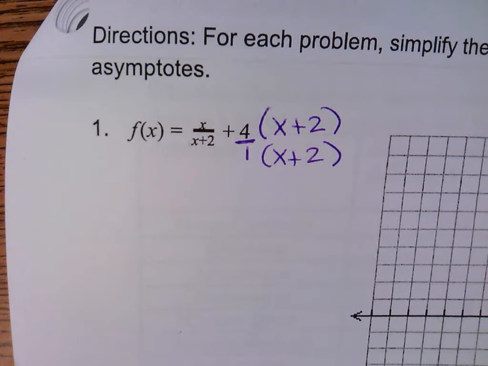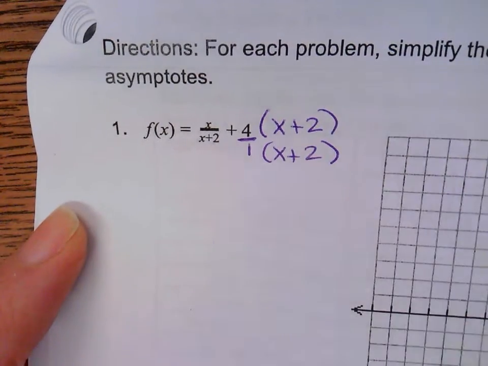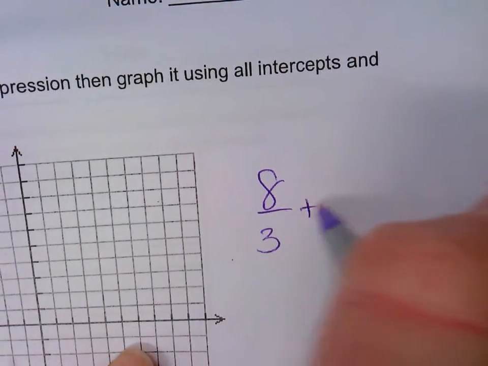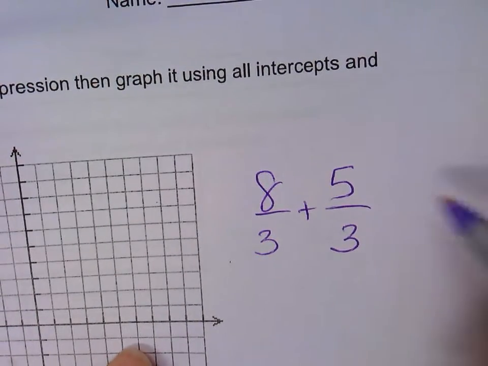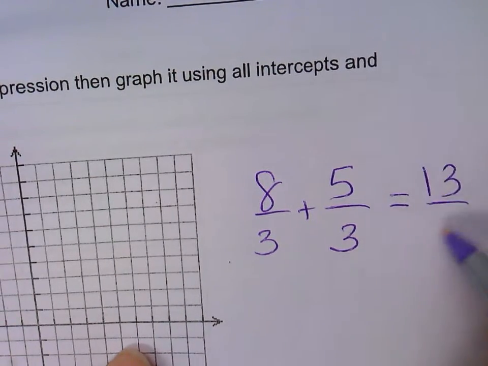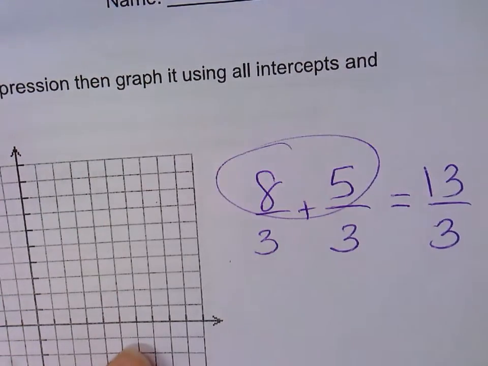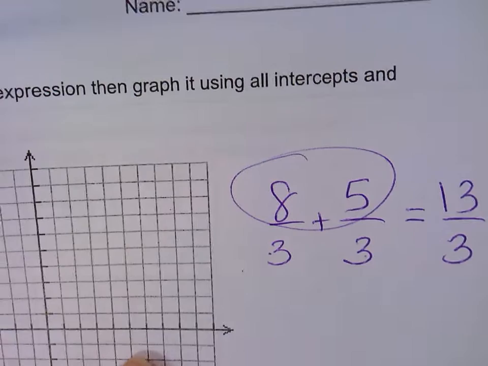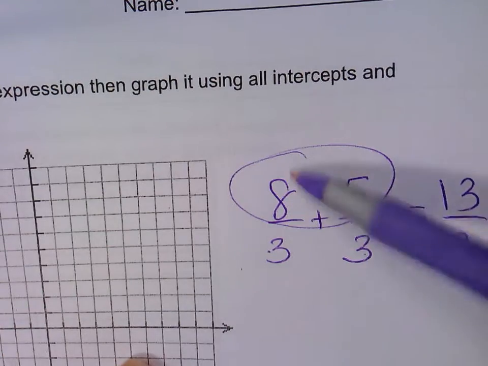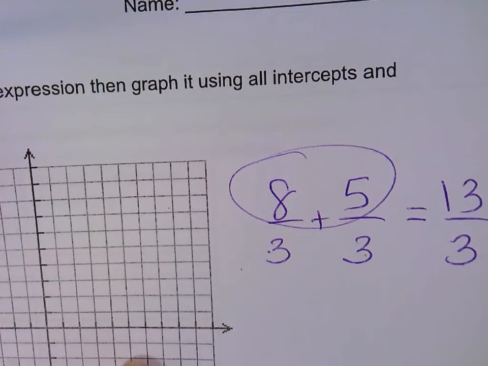If not, we're going to practice it a couple times. So your denominator, like let's just talk about fractions. If you had 8/3 plus 5/3, you would have 13 thirds, right? You add together your 8 plus your 5, and you keep your common denominator the same, right? 8 apples plus 5 apples is 13 apples, or 13 thirds.